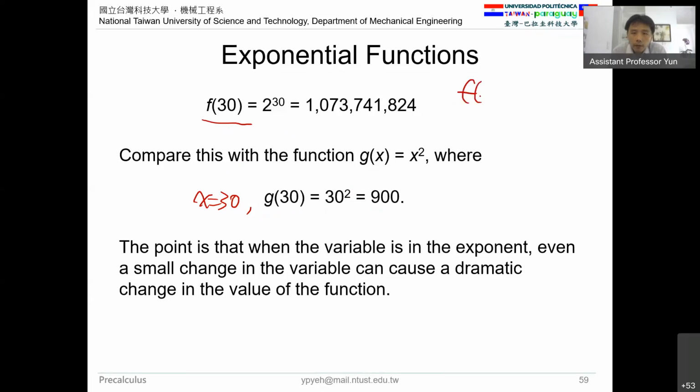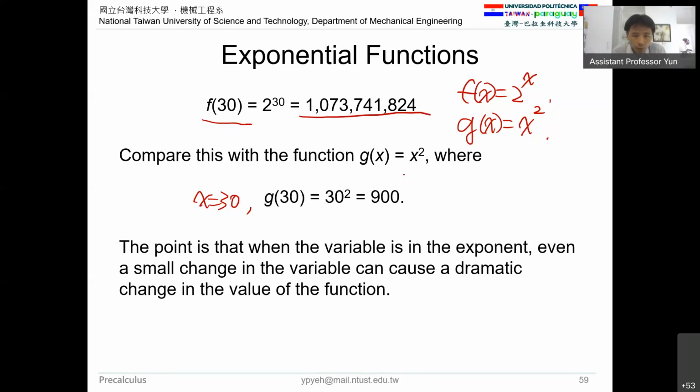The f of x equals 2 to the power of x, and g of x equals x squared here. In the beginning it's not clear to see the difference. But when x is a certain amount, for example 30, you can see the exponential function will be a very large number when x is in the exponent.